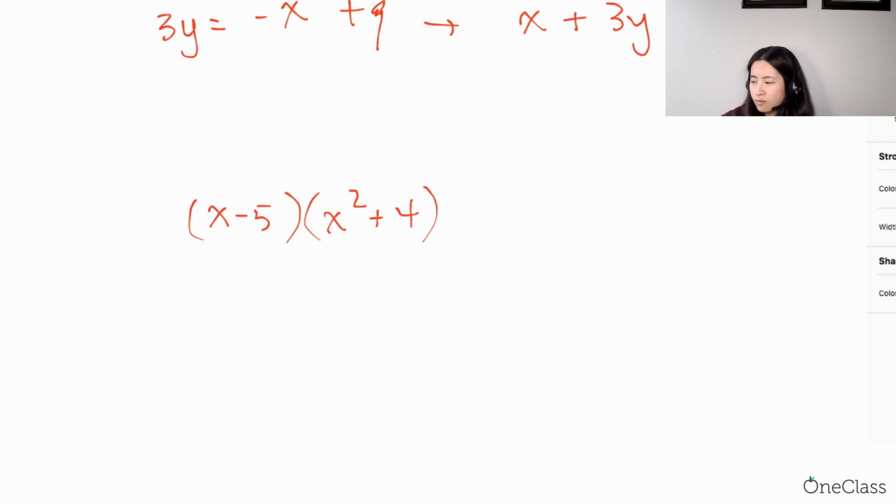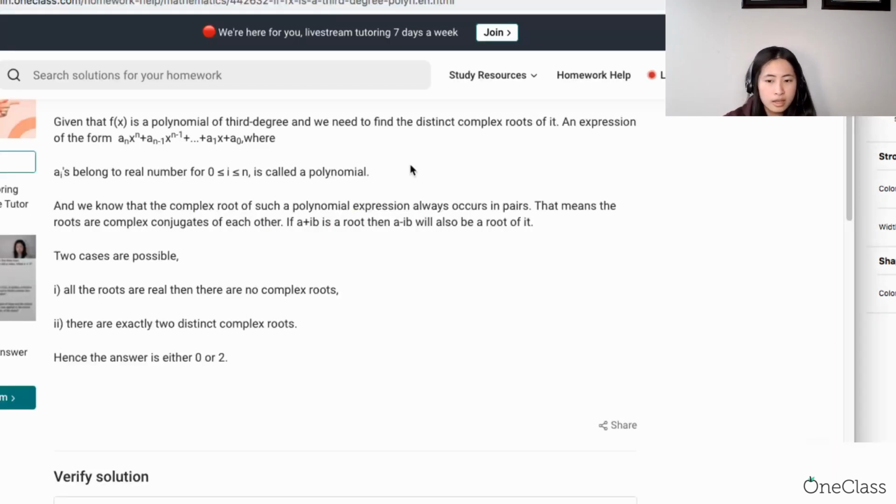And then if you have an imaginary number, which I think they also brought up, it says we know that the complex roots of such a polynomial expression always occur in pairs. That means the roots are complex conjugates of each other. They presented that a plus bi is a root, then a minus bi will also be a root of it.